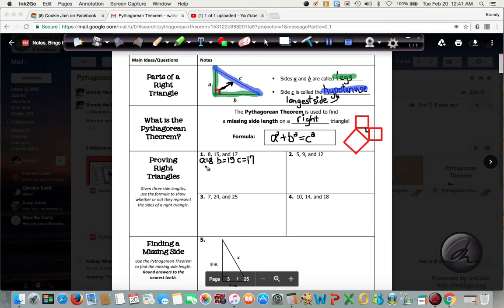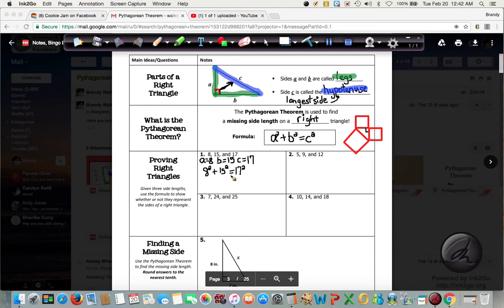So let's keep going. Once we figure out our labels, A equals 8, B equals 15, C equals 17, we're just going to plug them into the formula. So this is going to be 8 squared plus 15 squared equals 17 squared.